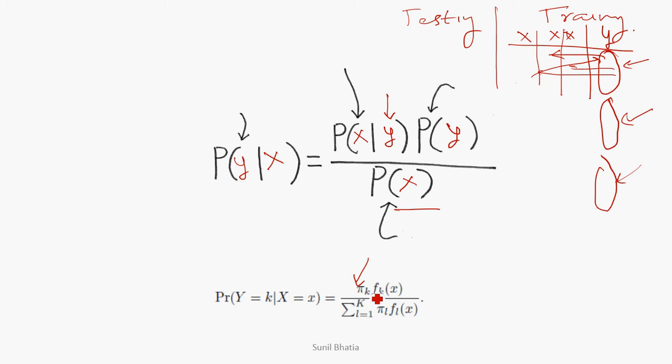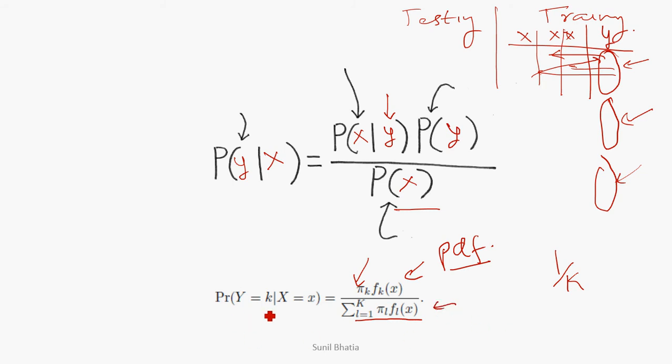K classes are there, so usually if they are equally distributed, we'll have a probability of 1 by k, and the distribution of x given y gives the model. So this will usually be the PDF of the distribution. In the LDA case, it will be a normal distribution, and for the probability of x, we have the summation over the classes.